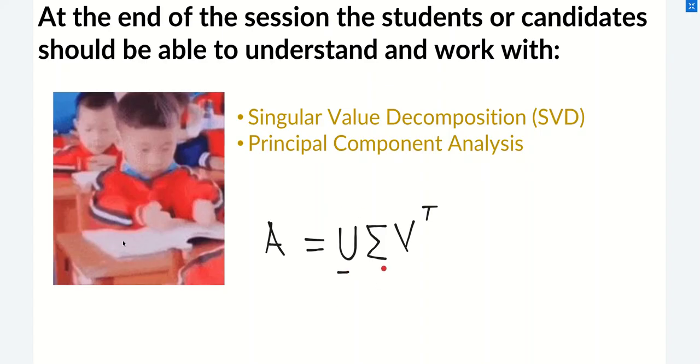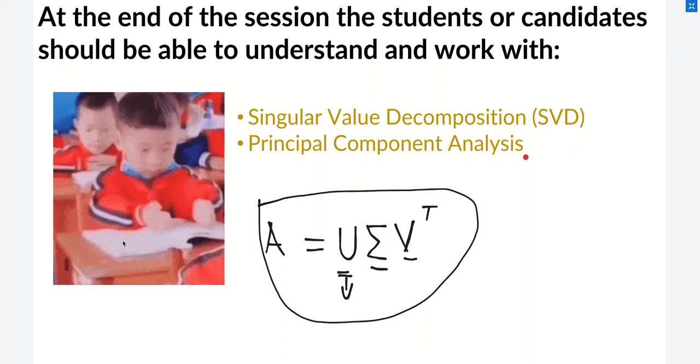This one is made up of our eigenvalues. Then this one is also made up of another basis, but that is the inverse of this. These are actually our eigenvectors, and when we transpose it, we find the inverse. This is what we will get, and these are our eigenvalues. This is what we are going to use to build on principal component analysis.